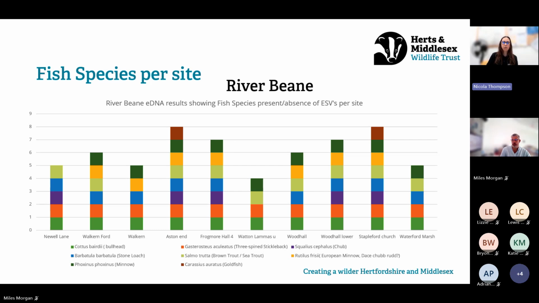So that has been added in. And also we had Rutilus frisii, sorry, I cannot pronounce Latin names, which is probably a closely related species, but it's not actually a species that we have on our river. So on the whole, it's giving us a good overview, but we do need to interpret it with other knowledge. Yeah, next slide, please.